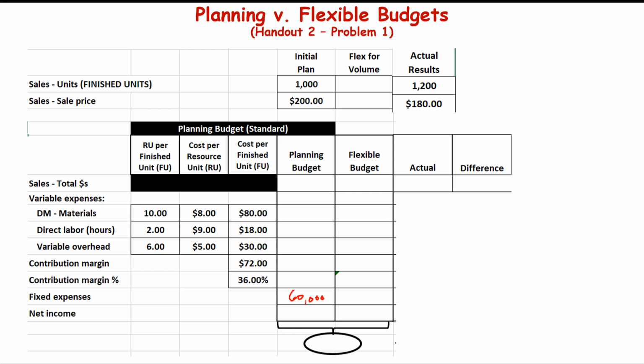Well, remember what we said in class. The planning budget is the expected sales and our original assumptions, or what I call the original recipe. And so this is our original recipe. Now I also will call that later standard.